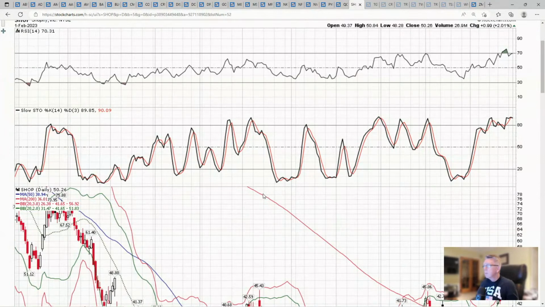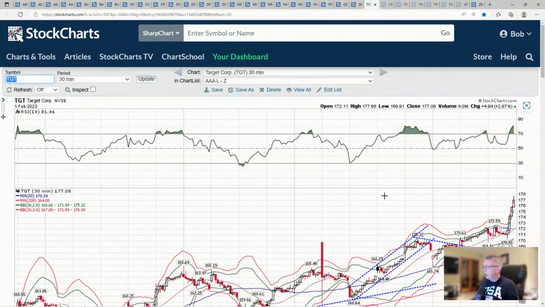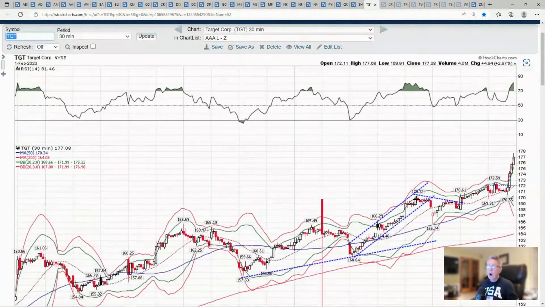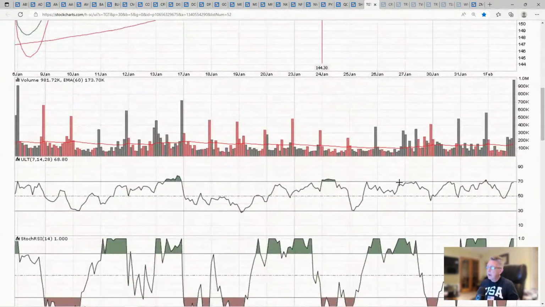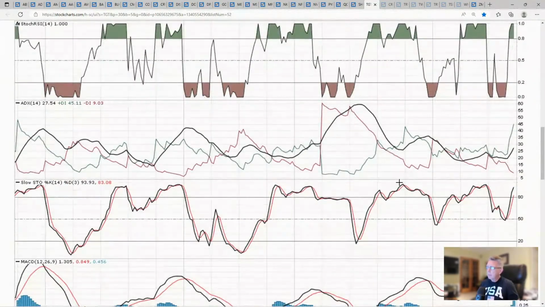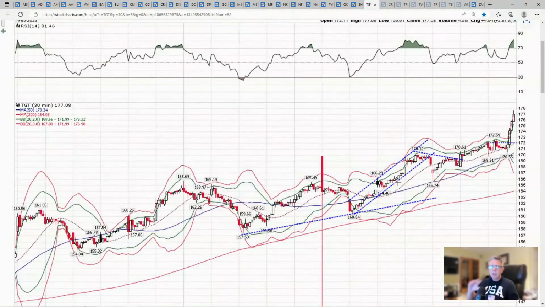Yeah. It's looking good. Target, 30-minute chart. Very extended here. I think that they report earnings in March, so there's no worry about Target here for earnings. RSI 81.46. So you're going to get a reaction to the downside tomorrow on Target, but I still prefer Adobe. The options on Target are not as liquid as they are on Adobe.